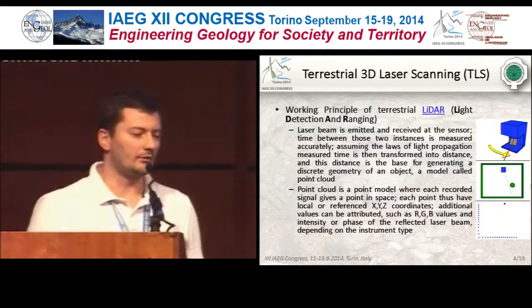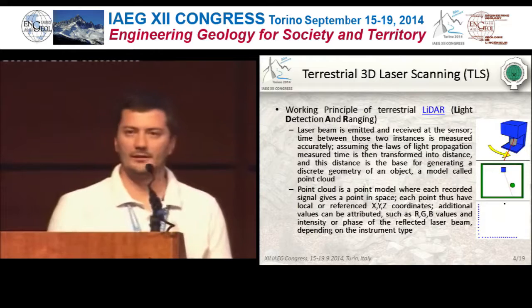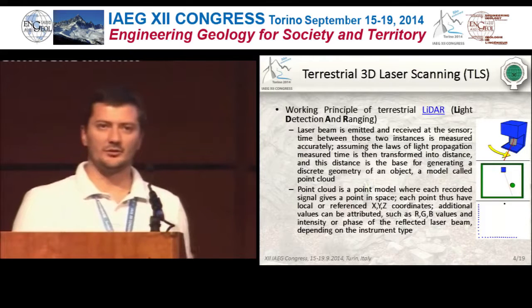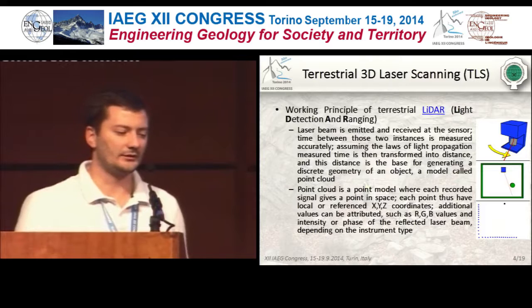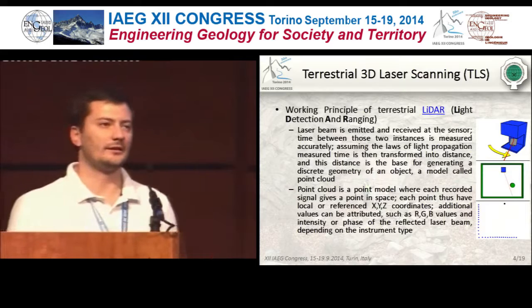Just a few words about the general working principle of a TLS system. It basically measures the time between the emission and the reflection of the signal off the object, and it calculates the distance based on that time difference.